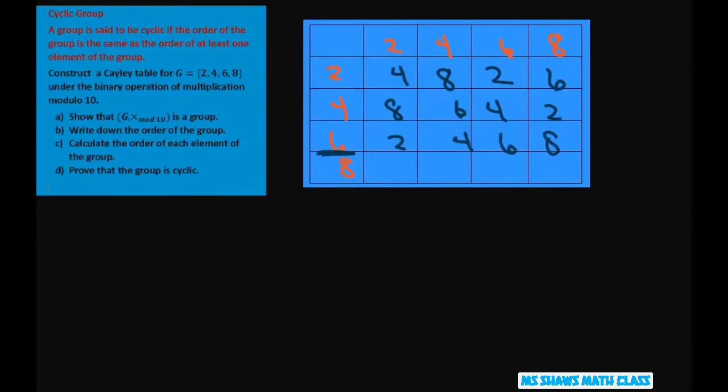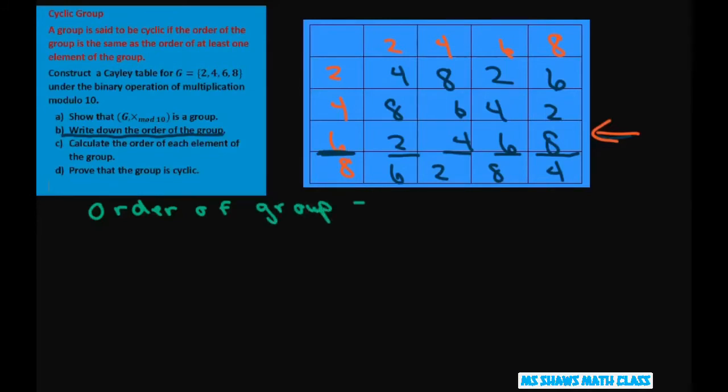And you see that's the identity right there, 6, because you get back the original for this column and this row here. And then finally we have 6, 2, 8, 4. All right, so the order of the group is 4, because there are 4 elements.